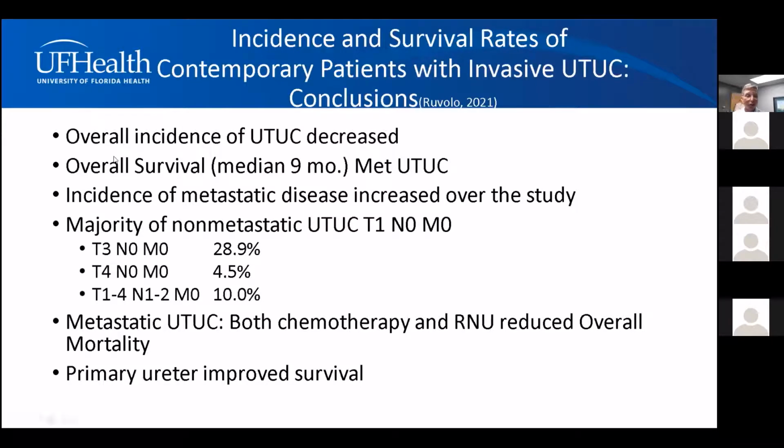As pointed out, the majority of non-metastatic UC was T1, but the T3s were approximately 30%. So metastatic upper tract UC benefited from the use of chemotherapy and radical nephroureterectomy with overall reduced mortality. But primary ureteral had improved survival.